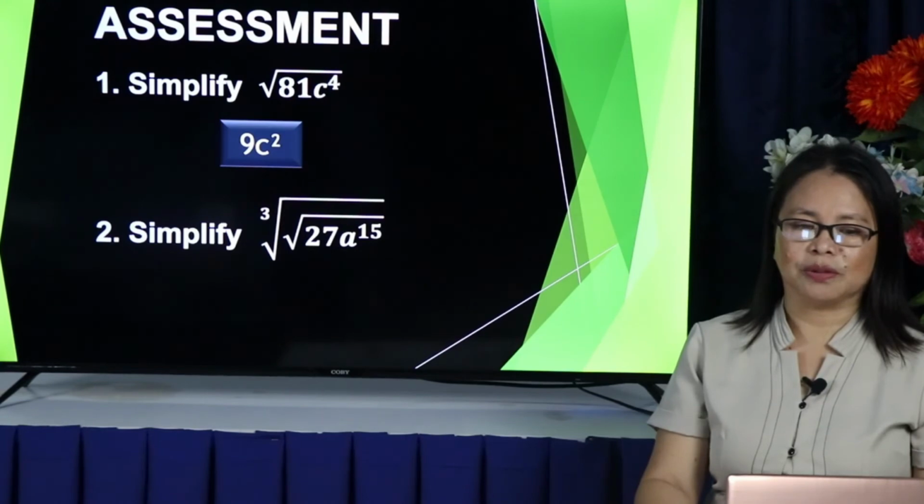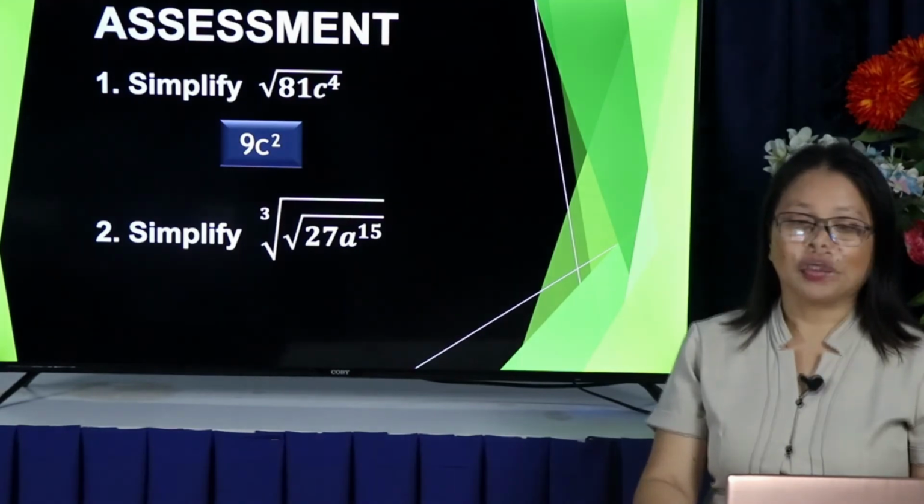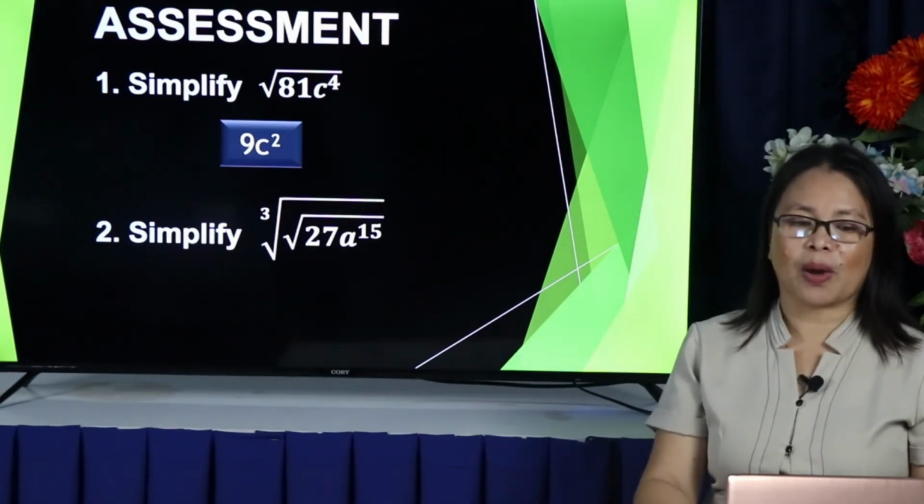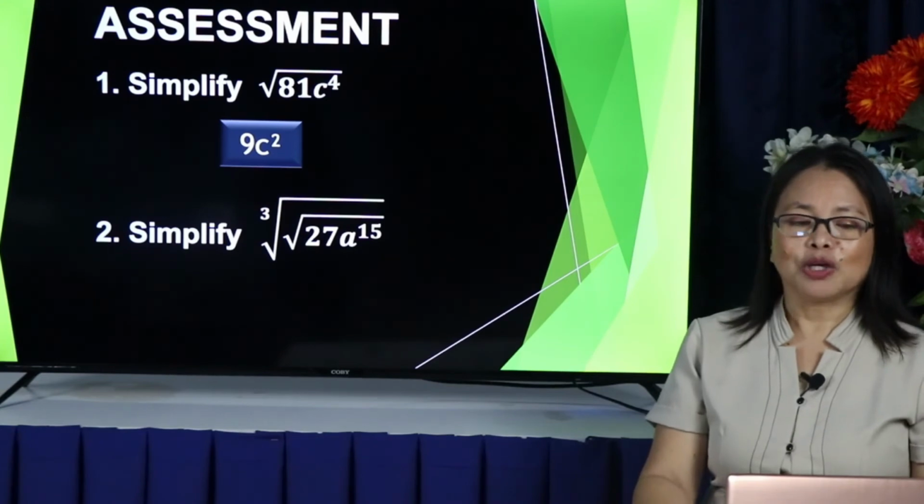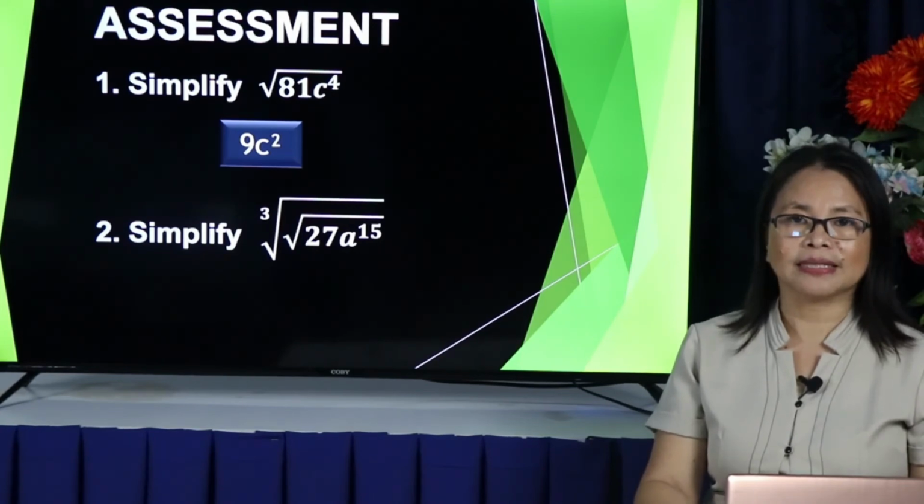Next, number 2. Simplify. Cube root of the square root of 27a to the power of 15. 20 seconds starts now.